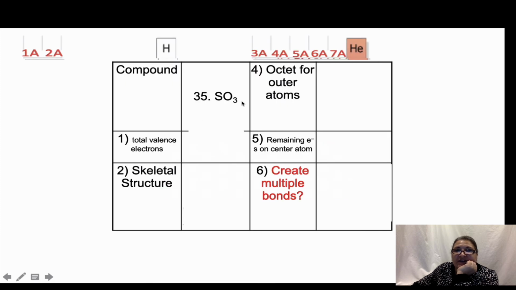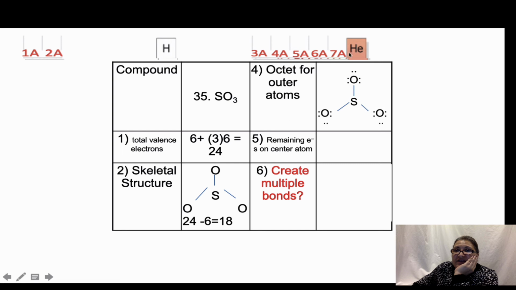Now we have SO3. Sulfur is 6A. Oxygen is also 6A, but we have 3 of them. So 18 plus 6 is 24. Now we connect them. 1, 2, 3, 4, 5, 6. So we subtract 6, and that's 18.